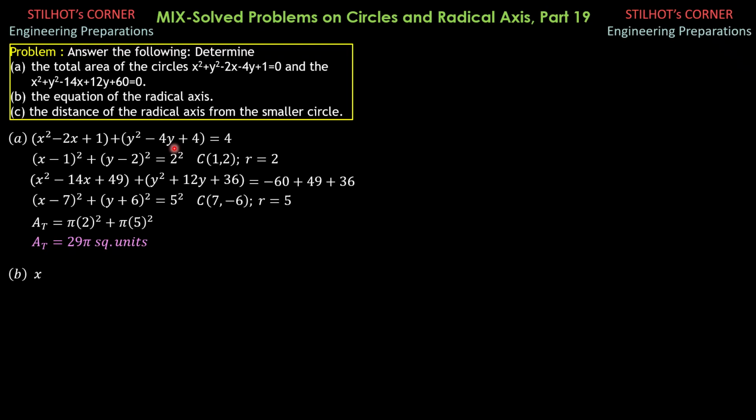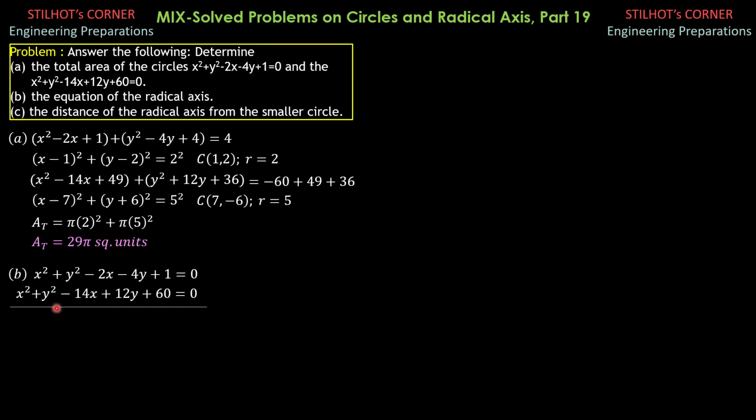For part B, x squared plus y squared minus 2x minus 4y plus 1 equals 0, and the second equation is subtracted from the first: x squared plus y squared minus 14x plus 12y plus 60 equals 0. So subtracting, we can now eliminate x squared and y squared. The resulting equation is an equation of a line which represents the radical axis.